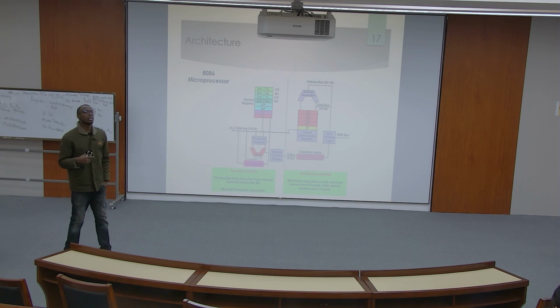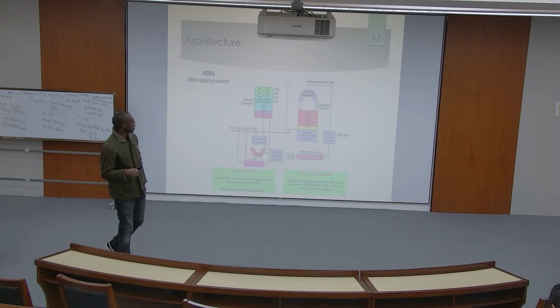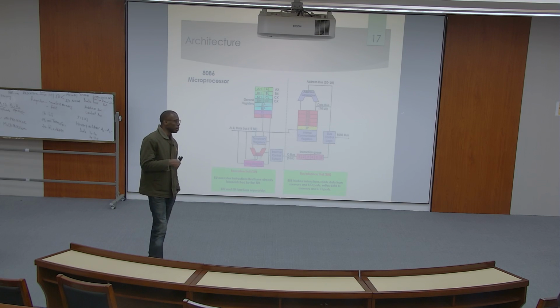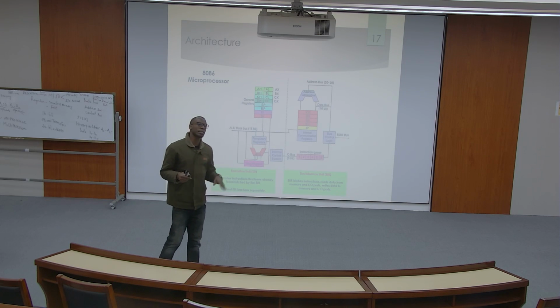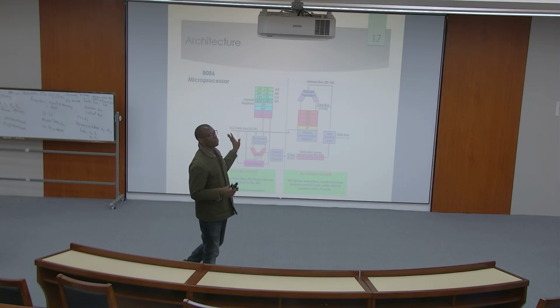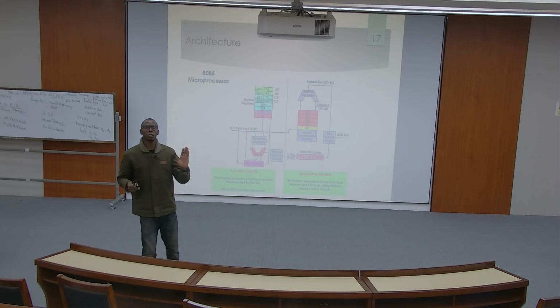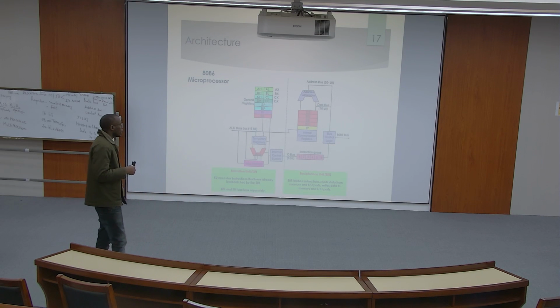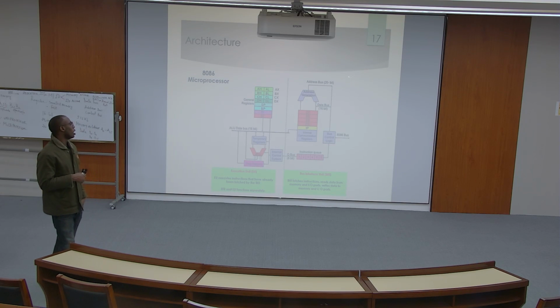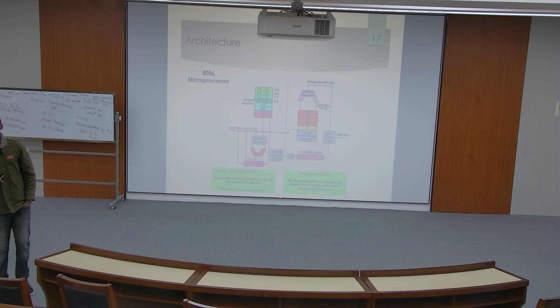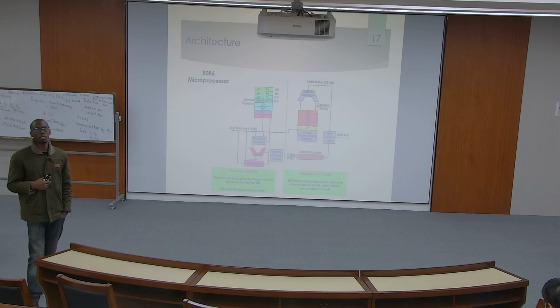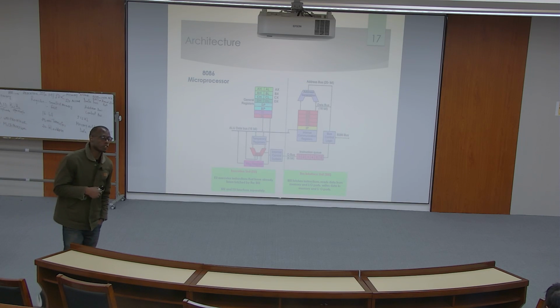Because our code segment, data segment, stack segment, all these segments are 16-bit, and our physical memory is 20-bit, so we need this address generation module when we want to find a physical memory address for a specific segment.